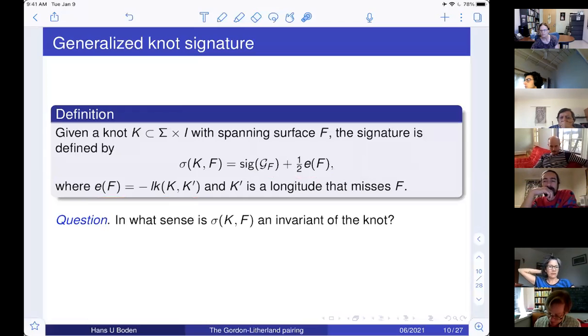So that you can show is in some sense an invariant of the knot. One difference, though, is that this invariant may depend on the choice of the spanning surface.